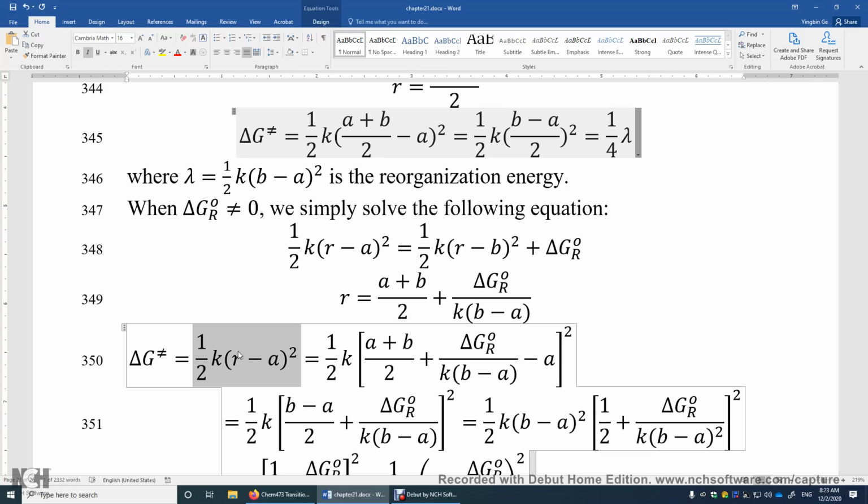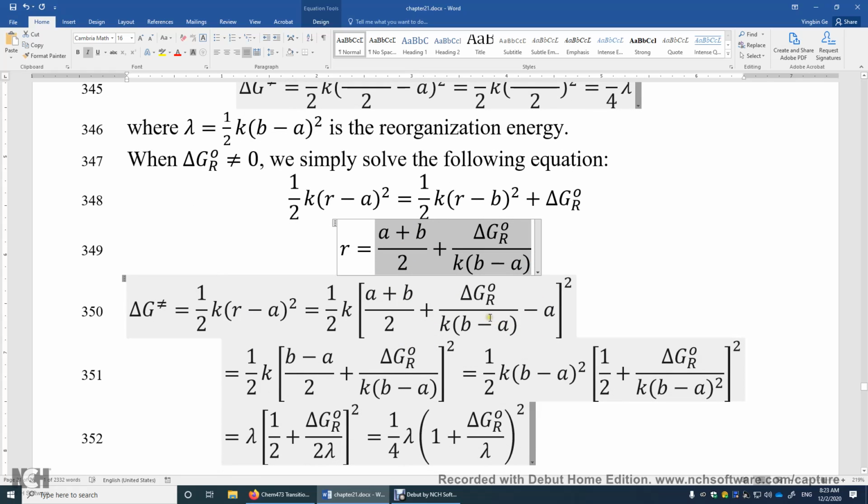This is Hooke's law. And we're looking at the displacement here. A is the equilibrium bond distance, and R is the bond distance in the transition state. It's away from the equilibrium, so we have a displacement here. The displacement is R minus A. R is this, so we're just plugging in the expression of R here. So it's going to be this.